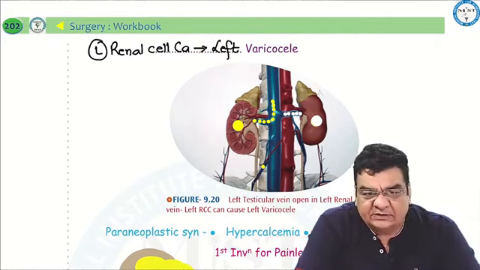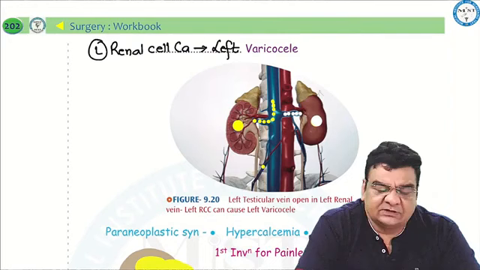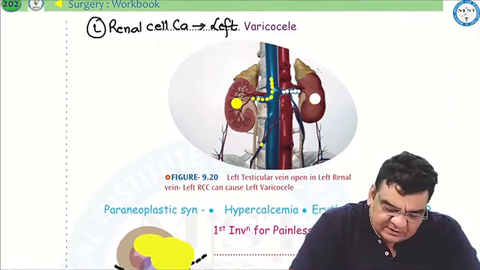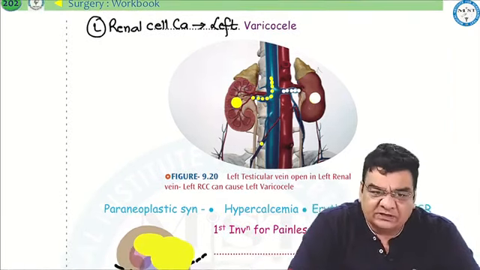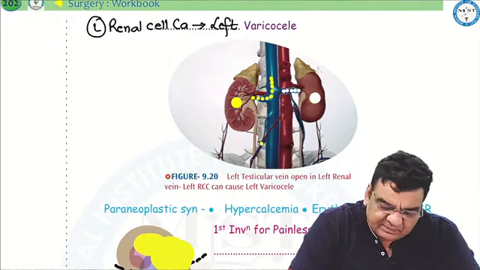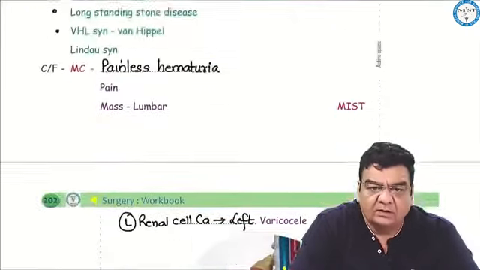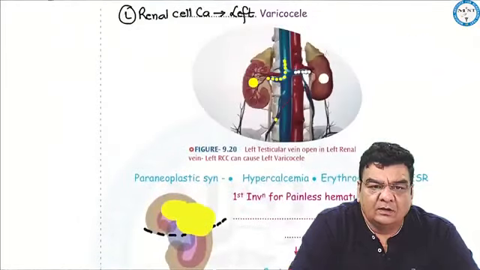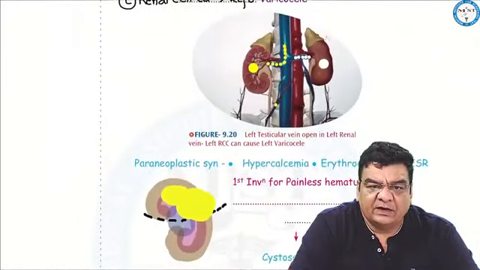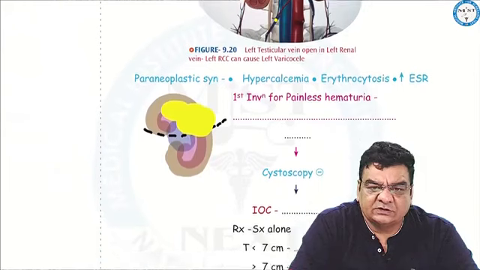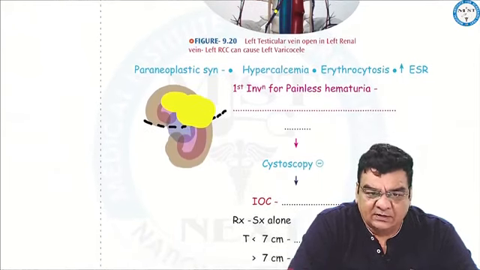Sometimes these kidney cancers produce certain substances which can lead to paraneoplastic syndromes. The patient can present with hypercalcemia, erythrocytosis, and raised ESR.